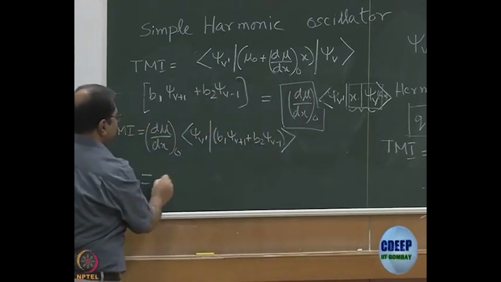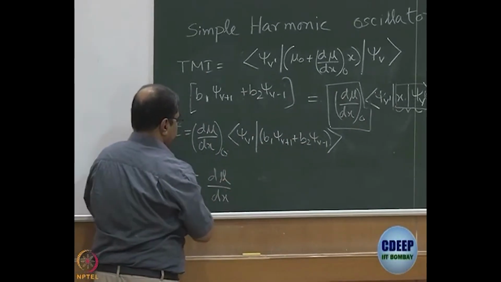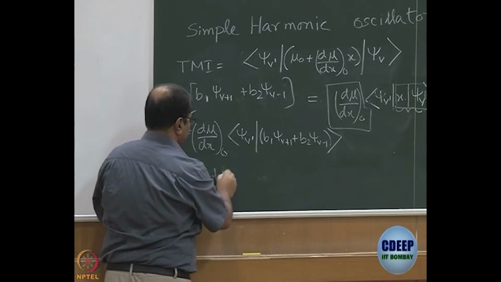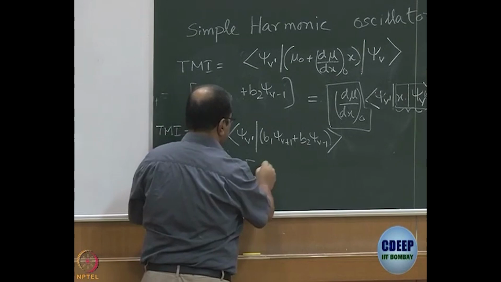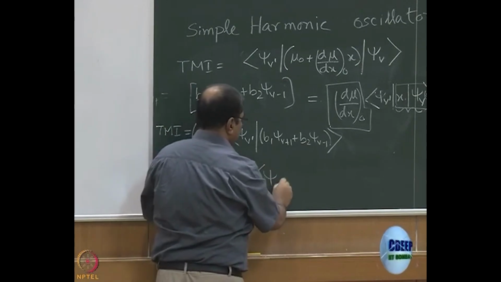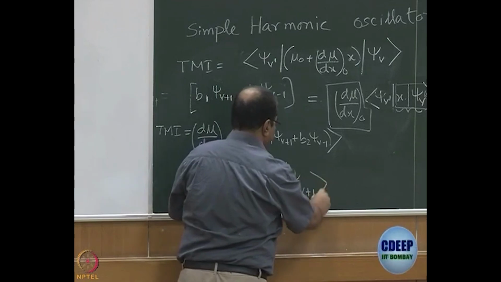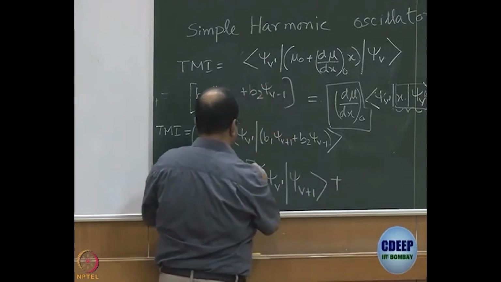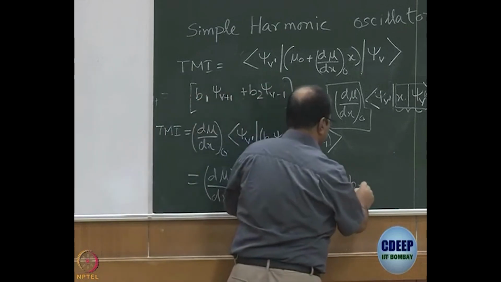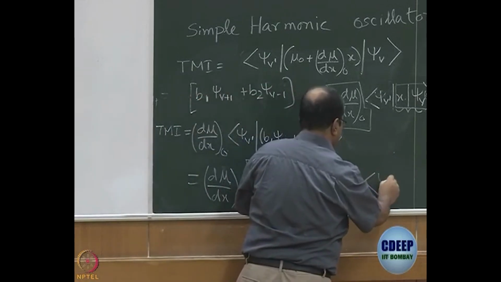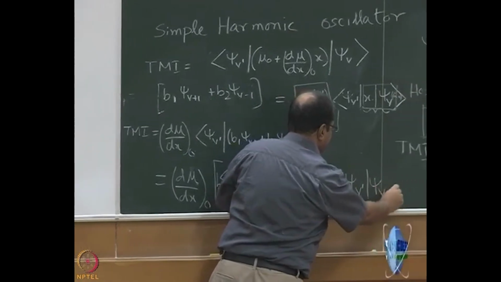What does that boil down to? Well, d mu dx at equilibrium multiplied by integral psi v dash psi v plus 1 plus, well there is a b1 here, b2 multiplied by integral psi v dash psi v minus 1.